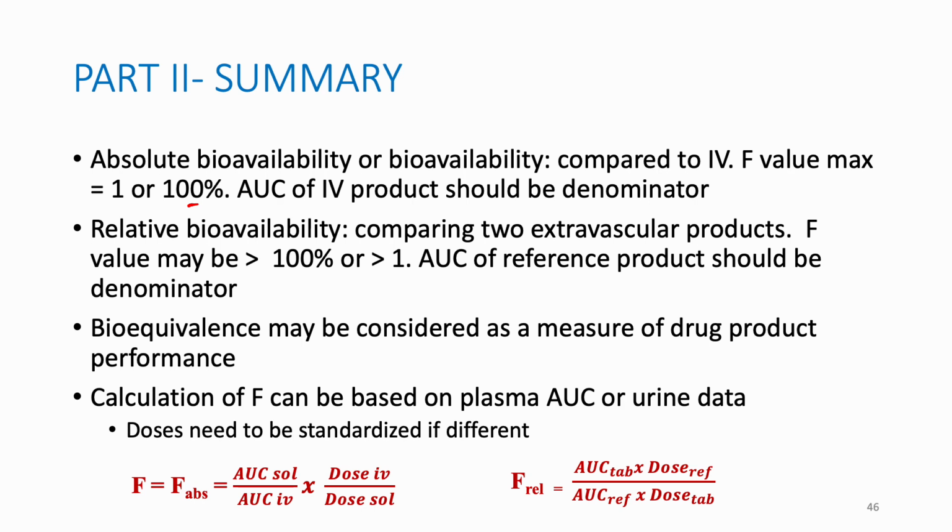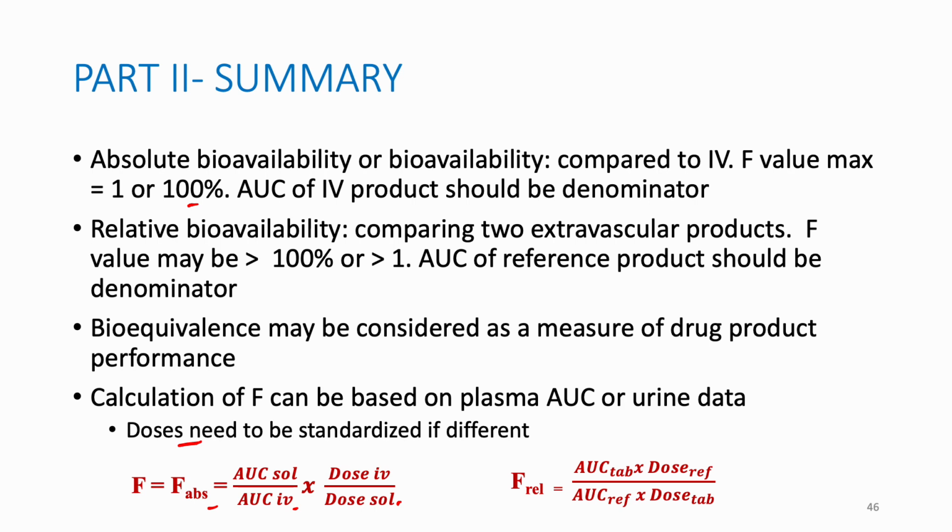So remember, you need to standardize the dose in case they have different doses. For absolute bioavailability, it is the AUC of any extravascular route like oral divided by AUC IV, times the dose of IV divided by the dose of the extravascular product. And if you want the percentage, then you times 100.